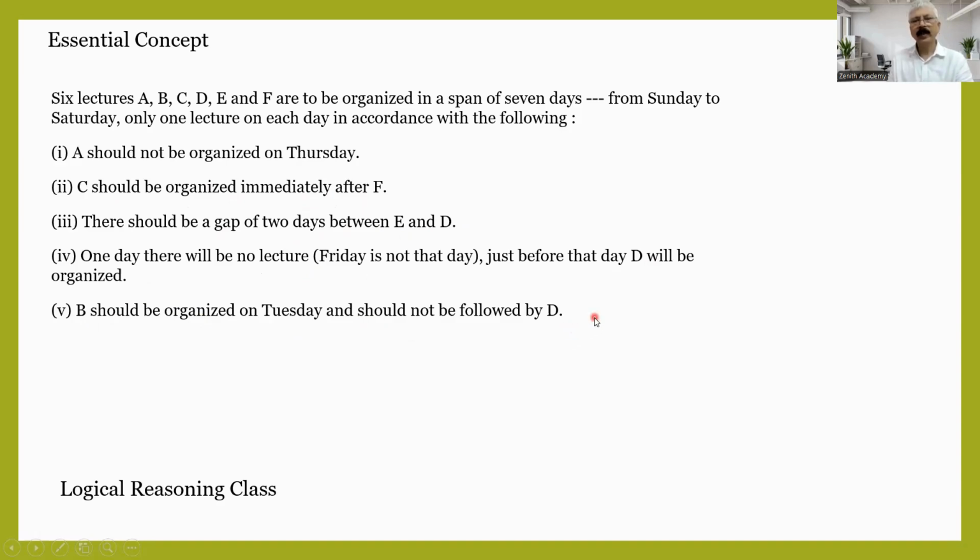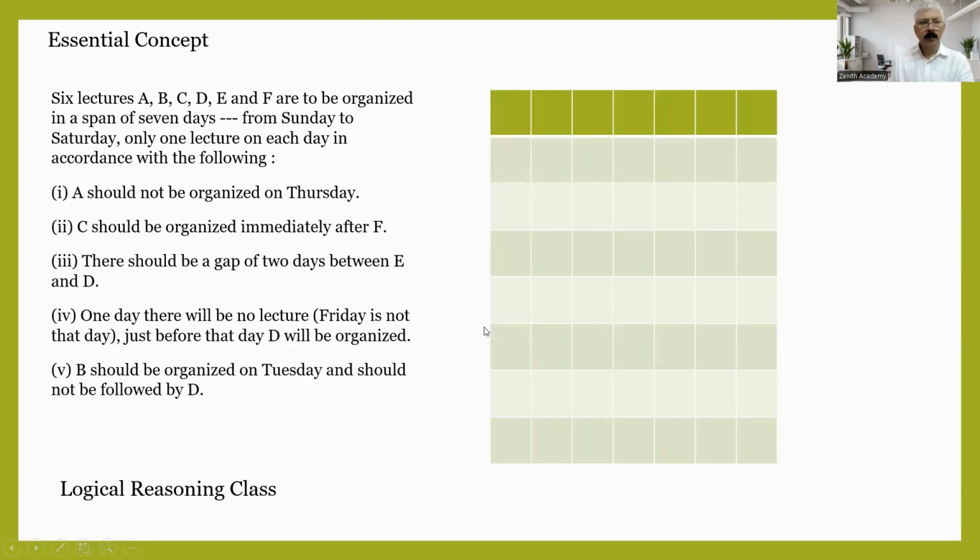So here we have two objects. One object is lectures and second is days. And 6 lectures and 7 days. So okay, let's start work. See here it is a table.